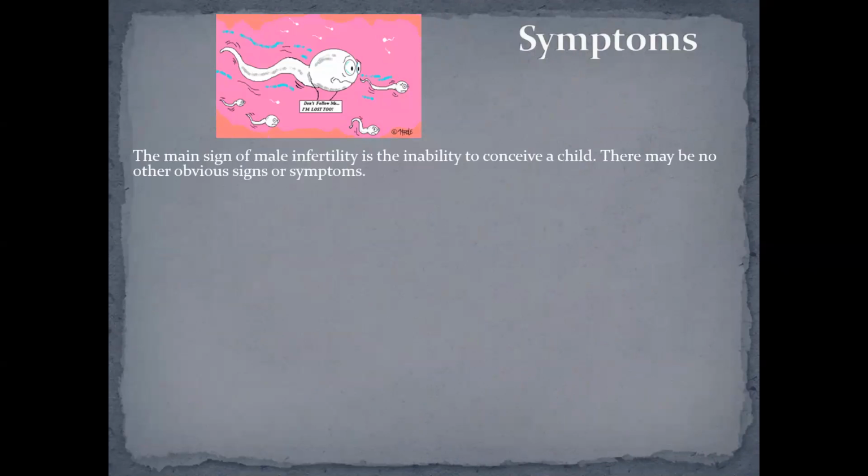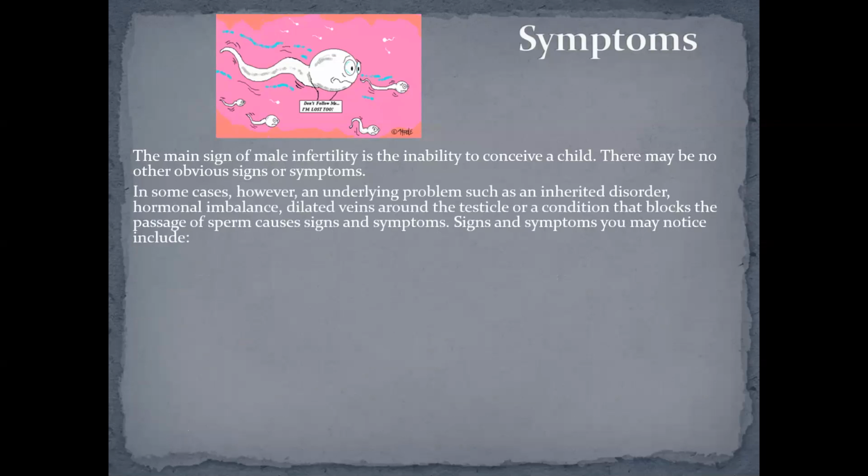What are the symptoms of male infertility? The main sign of male infertility is the inability to conceive a child. There may be no other obvious signs or symptoms, but sometimes in some men we can observe other symptoms.